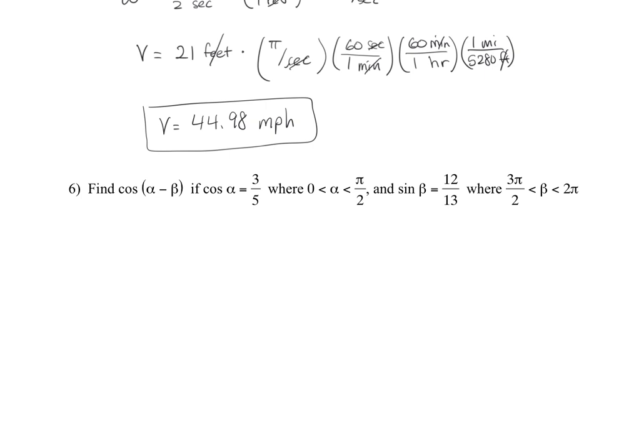And my apologies, it looks like question 6 did not receive the change from practice exam A to practice exam B. So this is the incorrect problem.